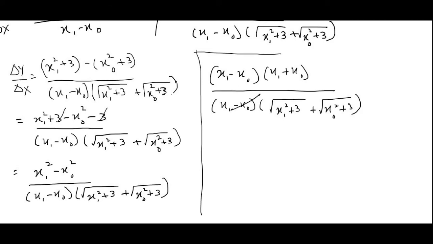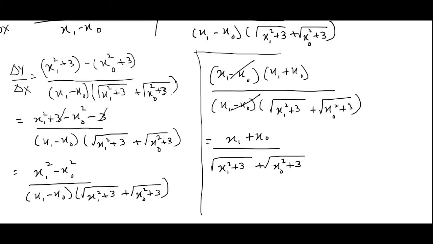Now this x1 minus x naught and this x1 minus x naught are cancelled and we get x1 plus x0 whole divided by under root x1 square plus 3 plus under root x0 square plus 3.